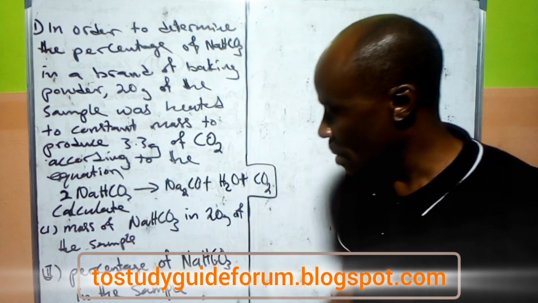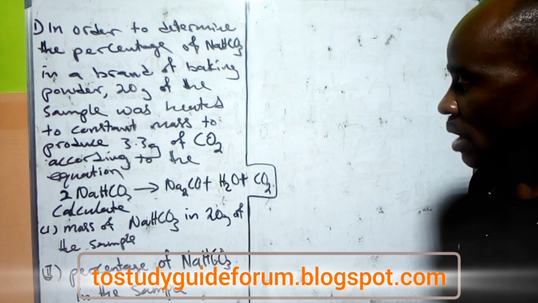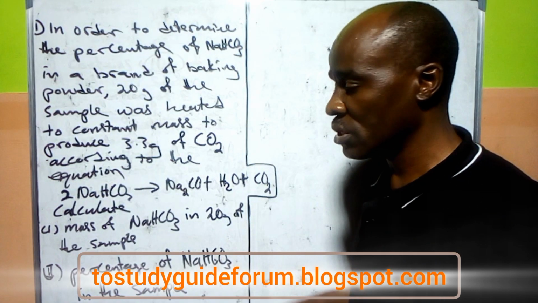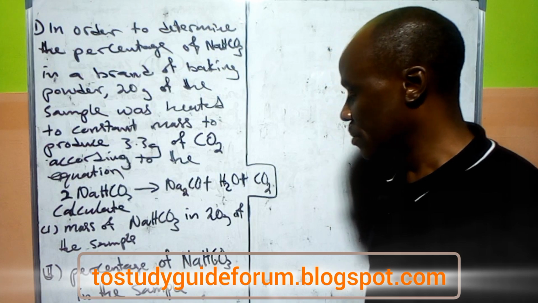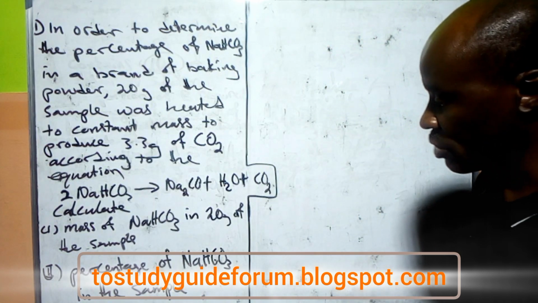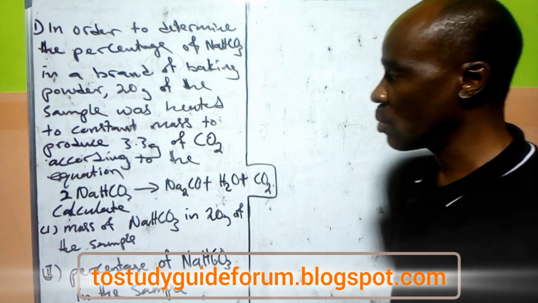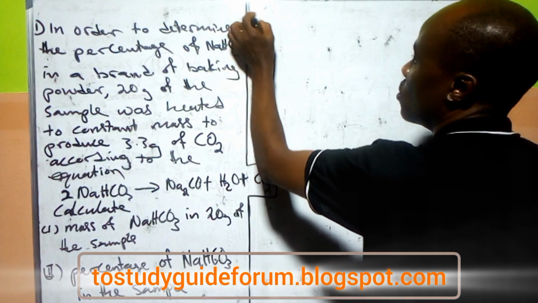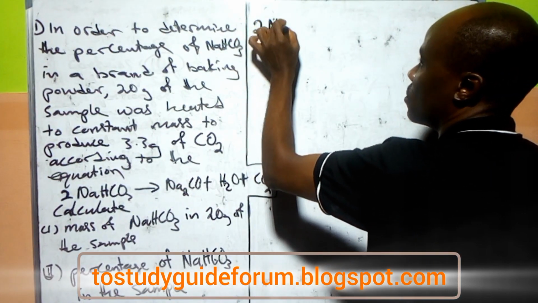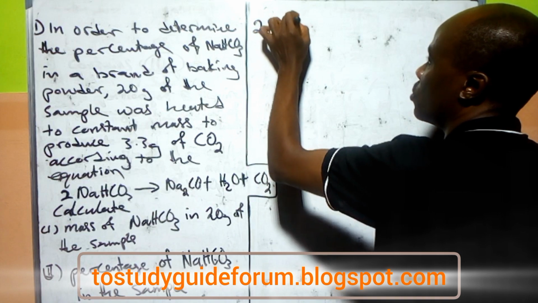Calculate the mass of the sodium hydrogen trioxocarbonate IV in the 20 grams of the sample, and the percentage of sodium hydrogen trioxocarbonate IV in the sample. From this balanced chemical equation, there are things we can find out. Just watch as we go through it together.